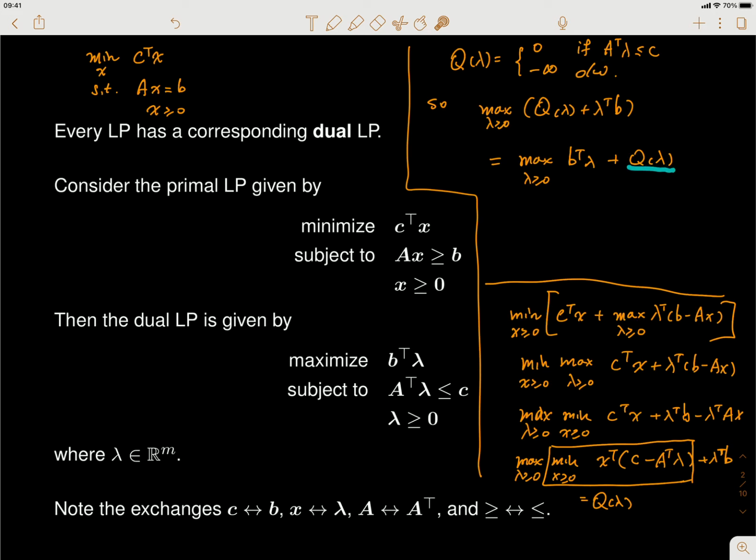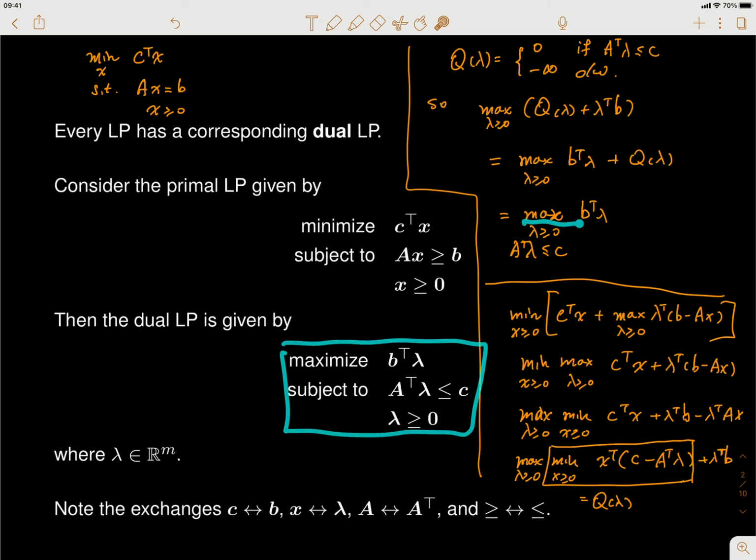So this means that q of lambda is essentially just a constraint on lambda, in addition to lambda greater than or equal to 0. The constraint induced by this q of lambda is just A transpose lambda less than or equal to C. And that is exactly the dual problem, since we're maximizing b transpose lambda subject to the constraints that lambda itself is greater than or equal to 0 and A transpose lambda is less than or equal to C. That is the reason why these two are the same.